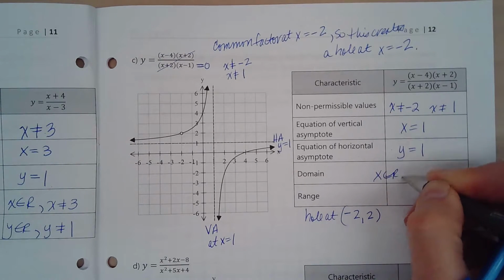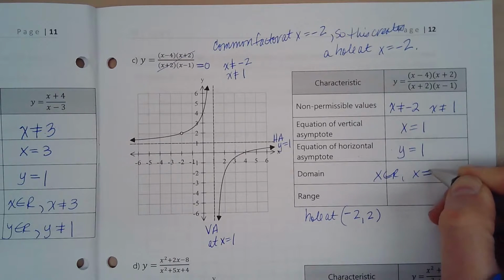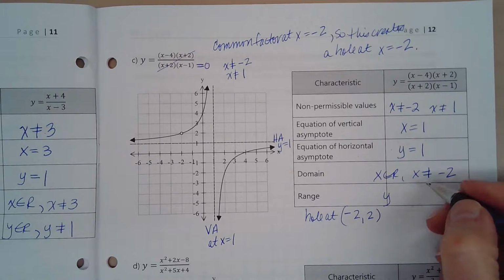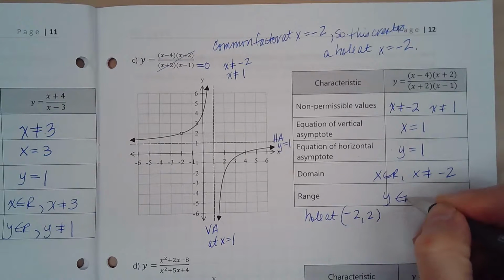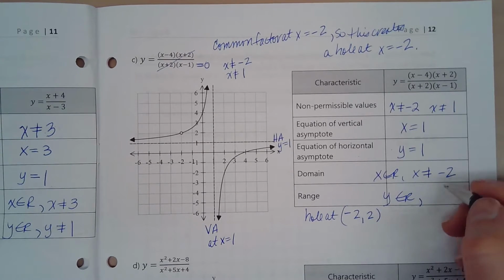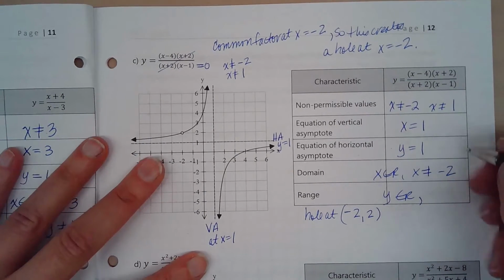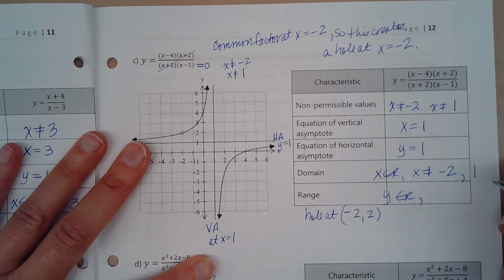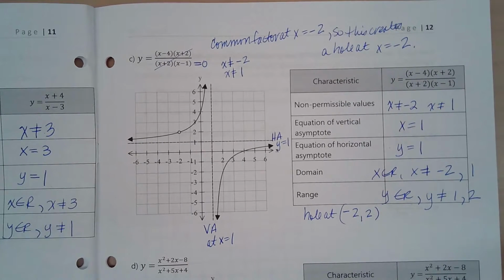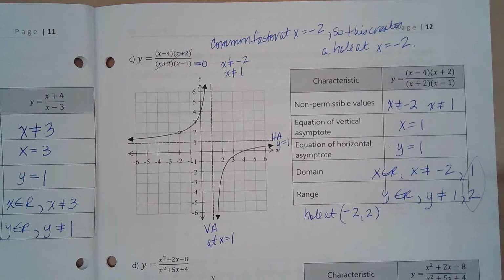Domain: x is an element of the real numbers, x can't equal -2 or 1. Range: y is an element of the real numbers, y can't equal 1 or 2, right? Because this is where my hole is.